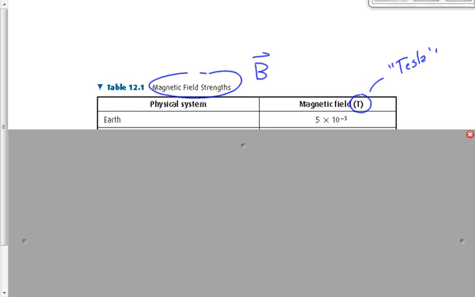It is, however, decreasing. It's decreased in strength dramatically in the last couple hundred years, like dramatically by double-digit percent, which is leading some scientists to believe that it's actually in the process of reversing. We don't know that, but we do know from geological records that the Earth's magnetic field does reverse, and it happens on average about every 250,000 years.